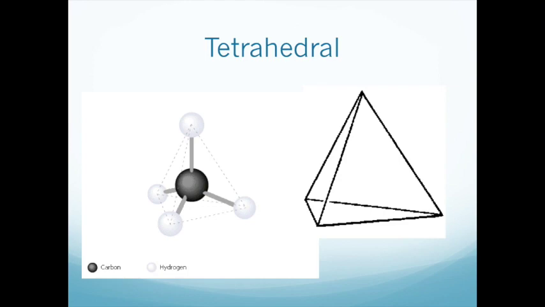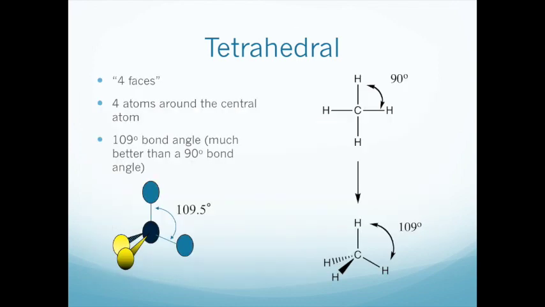Another slightly more complicated structure is the tetrahedral structure, where you have a central atom surrounded by 4 other atoms. In this case, the repulsion of the electrons leads to the adoption of this 4-pointed pyramid. And instead of having a 90-degree angle between the atoms, you have a 109-degree angle, and the hydrogen atoms pop into 3-dimensional space.